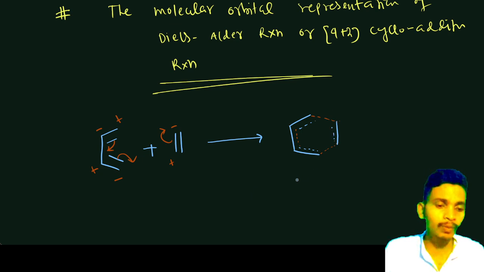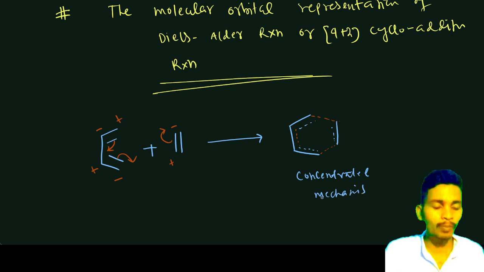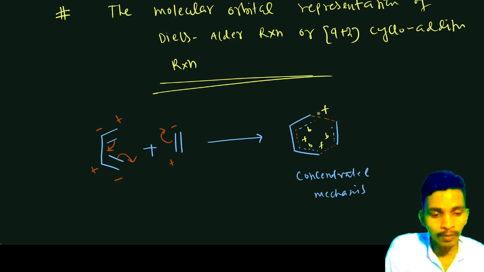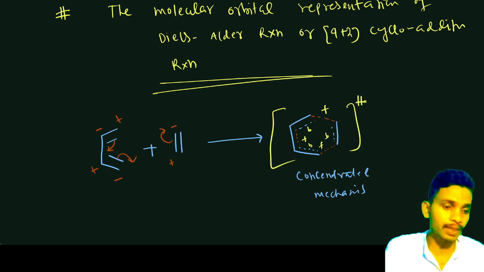It follows a concerted mechanism, meaning that bond formation and bond breaking happen simultaneously: here formation, here breaking, here formation, here breaking. This is the transition state.